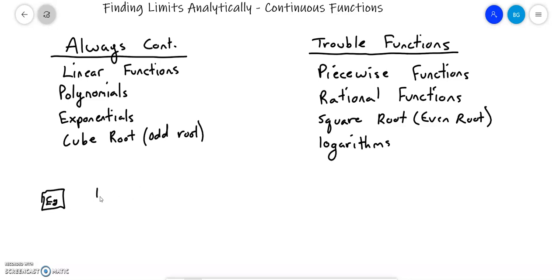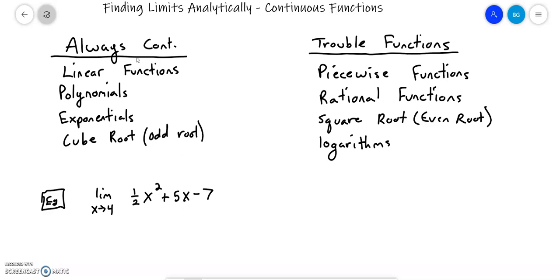So let's find the limit as x goes to 4 of 1/2 x squared plus 5x minus 7. And if I'm doing this limit, I'm the student here, and I have to do this as a homework problem or a quiz or whatever, I'm thinking to myself, is this a trouble function?